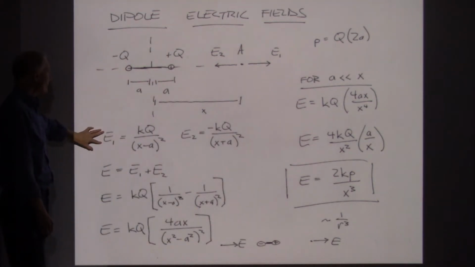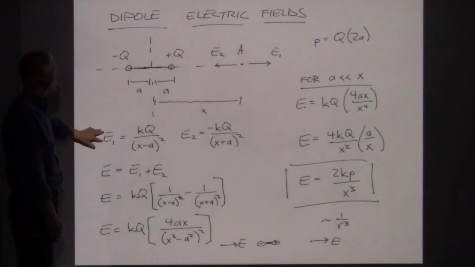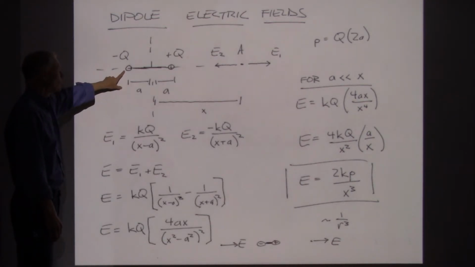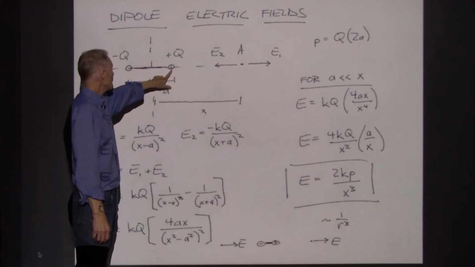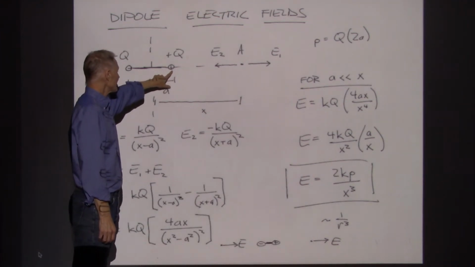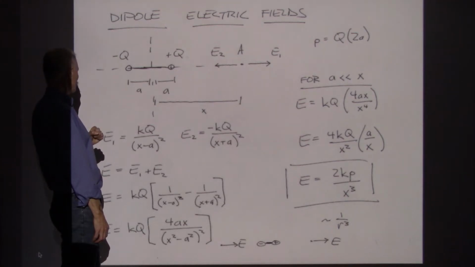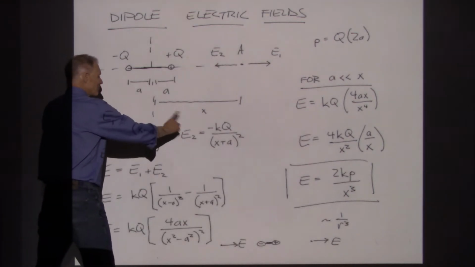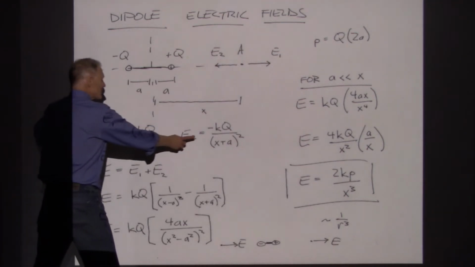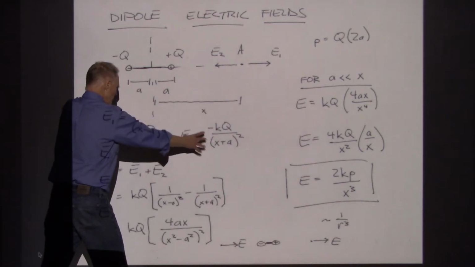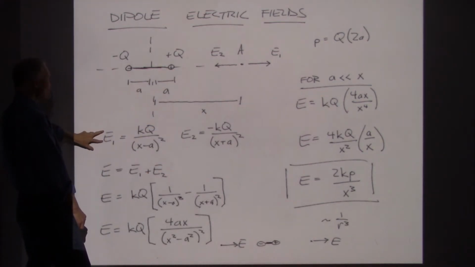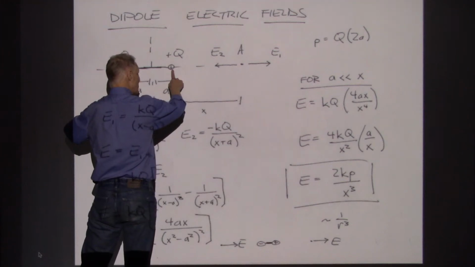Now, the electric field due to the positive charge is here. Okay, I'm confusing myself. This is E1, this is E2. These are two distinct formulas. So here's the electric field due to the positive charge.